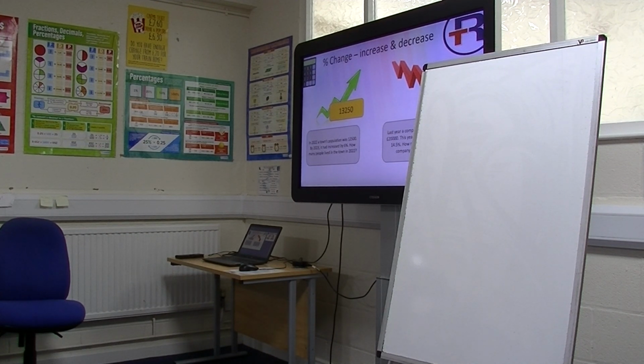So let's look at the decrease then. Last year a company made a profit of £20,000. This year profits are down by 14.5%. So how much profit will the company make this year? So again, take the sum out of the question.